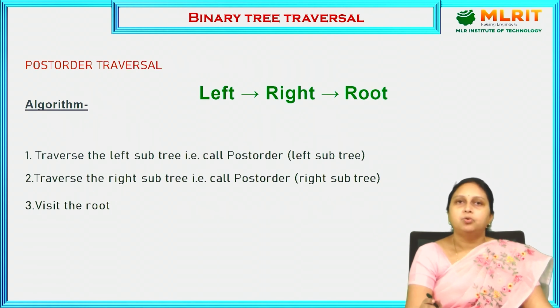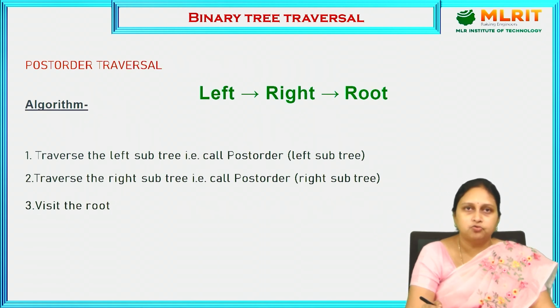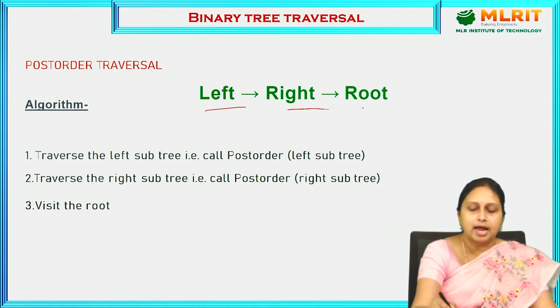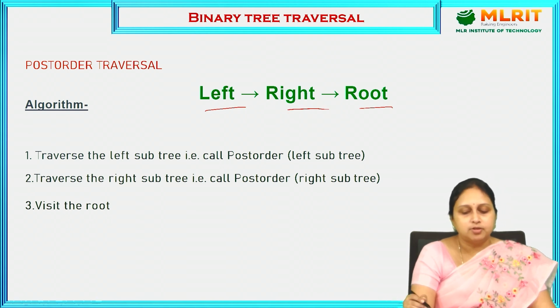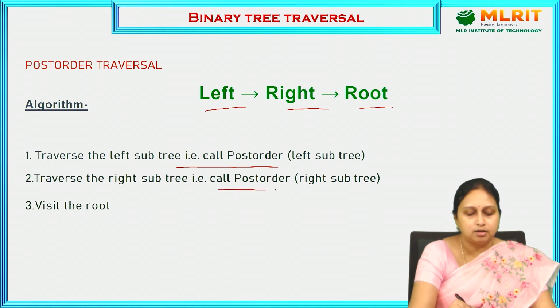Next, post-order traversal. Here it should follow the condition left, right and root. Here we first traverse the left subtree, then traverse the right subtree and visit the root node.